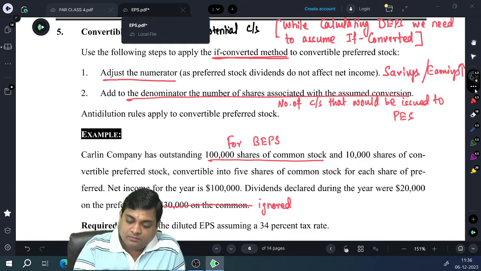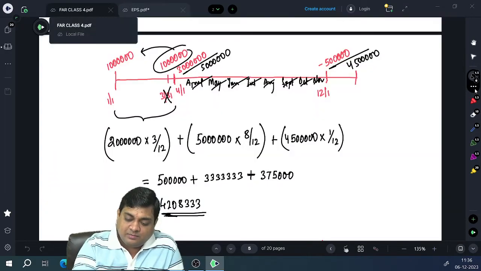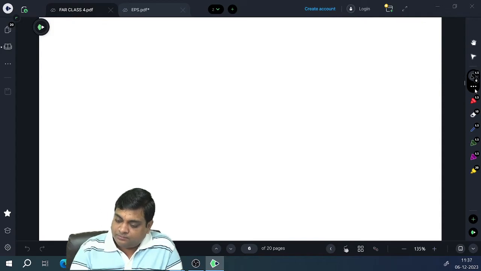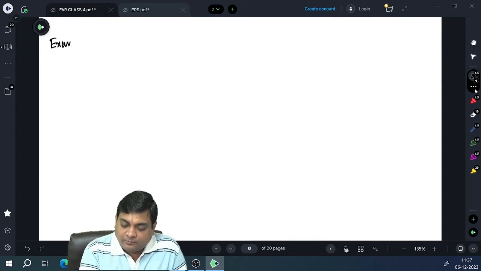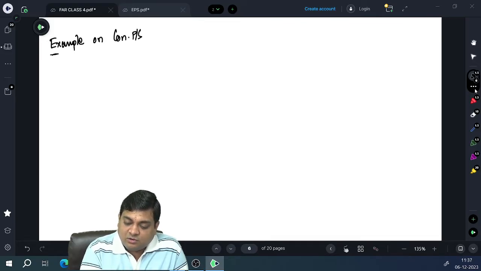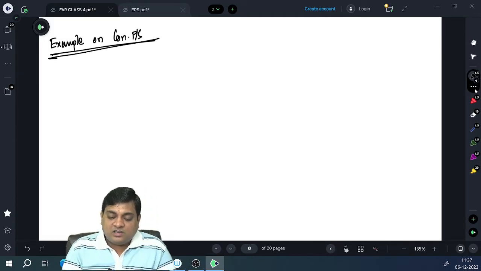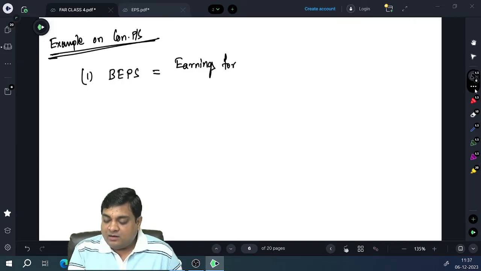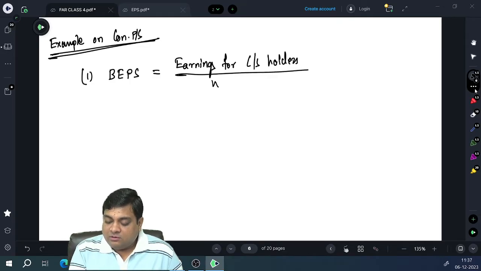Okay, so let us do this. It's very simple. Example on convertible preferred stock. First we will calculate basic earning per share, that is earnings for common stockholders divided by weighted average common stock outstanding.